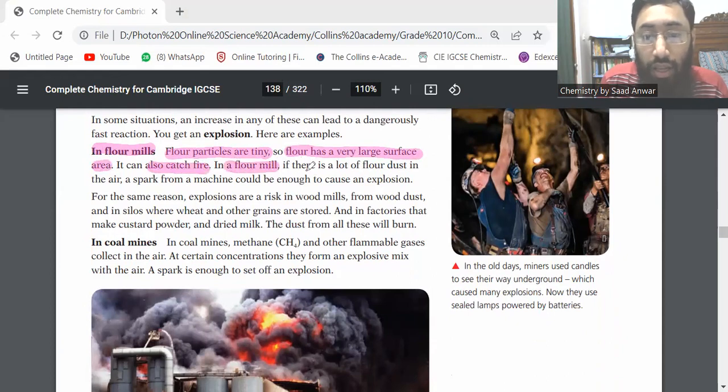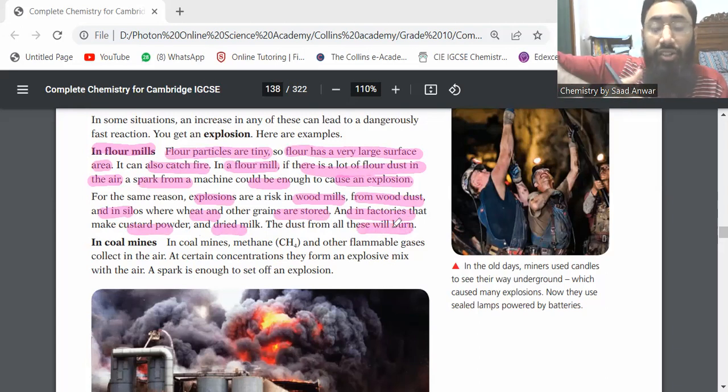In a flour mill, if there is a lot of flour dust in the air, a spark from a machine could be enough to cause an explosion. For the same reason, explosions are a risk in wood mills from wood dust, and in silos where wheat and other grains are stored. And in factories that make custard powder and dried milk, this dust will burn because of high surface area.